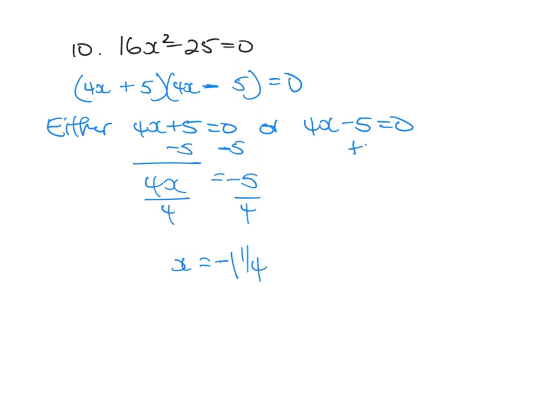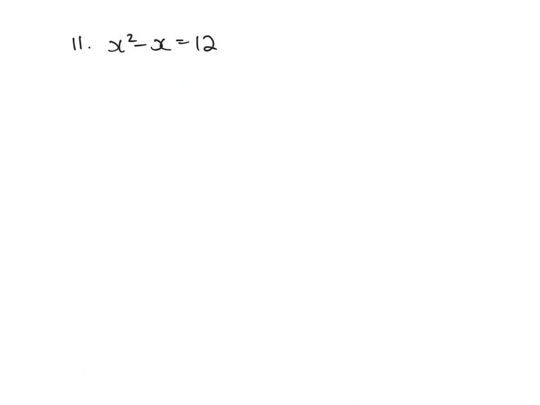This one we would add 5 to both sides, so we get 4x is equal to 5. Divide both sides by 4, so we get that x is equal to 1 and a quarter. And there we have it, the two solutions for our quadratic equation.